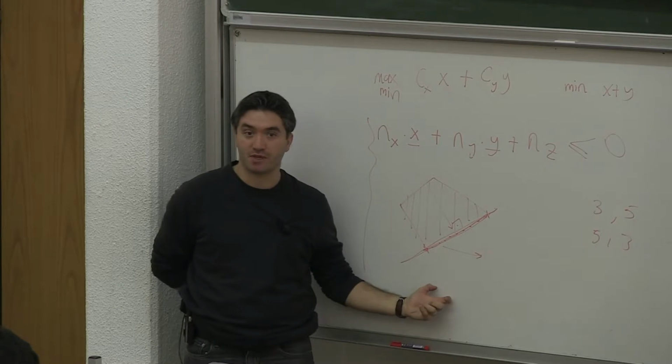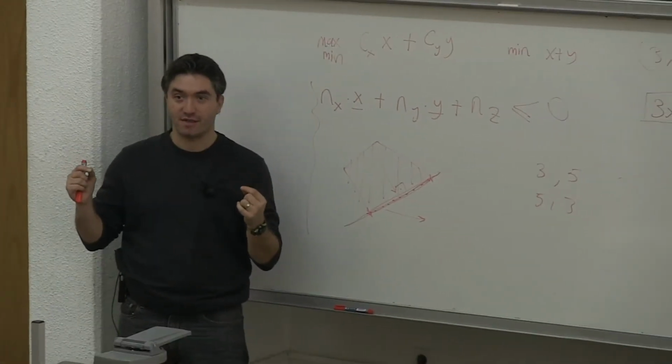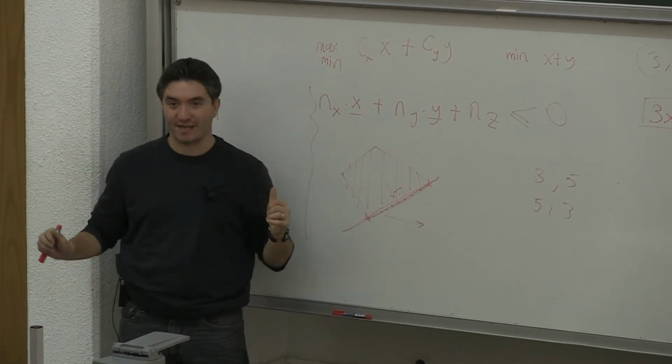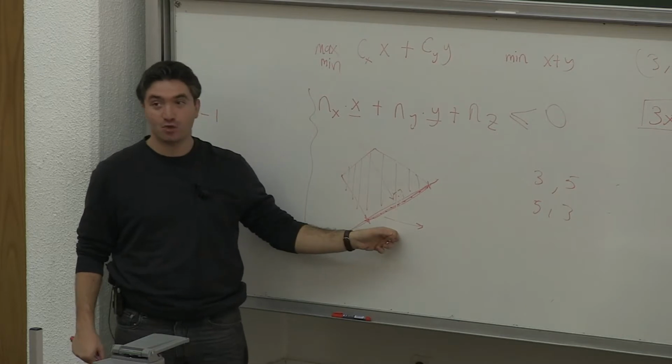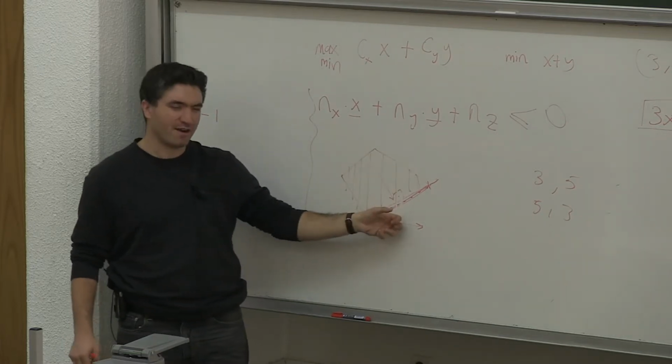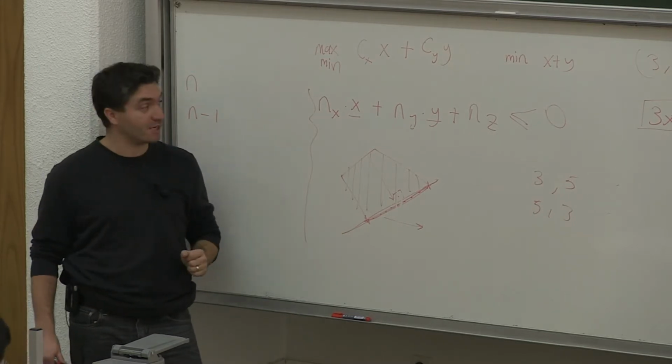No other variables are present. As you can see, the unknown that we are trying to find is that direction, x, y. Therefore, we write a two variable, n minus 1 constraints linear program.